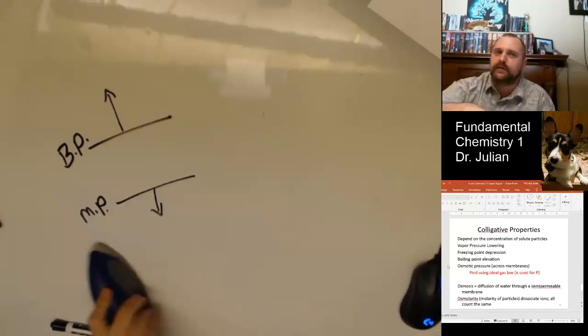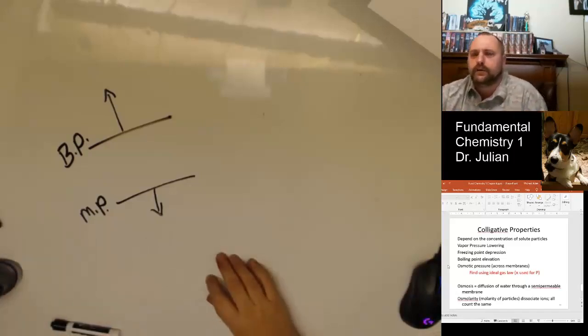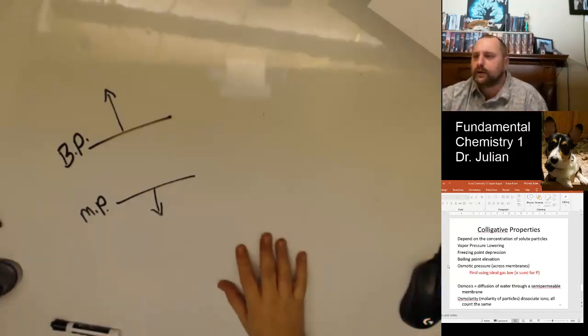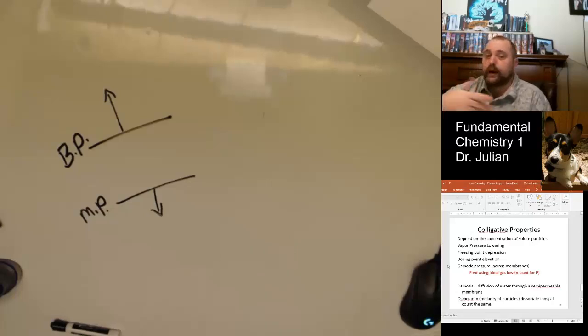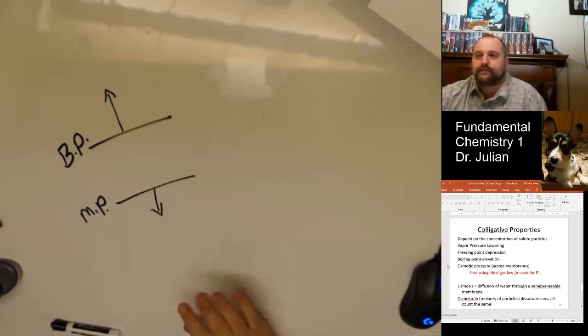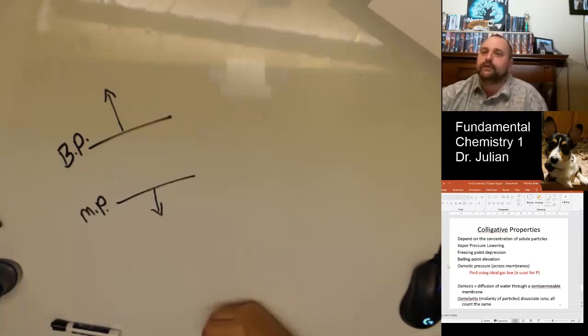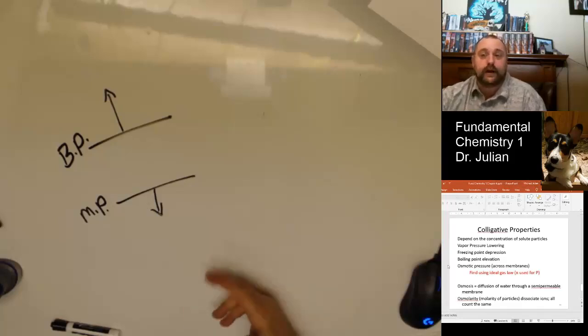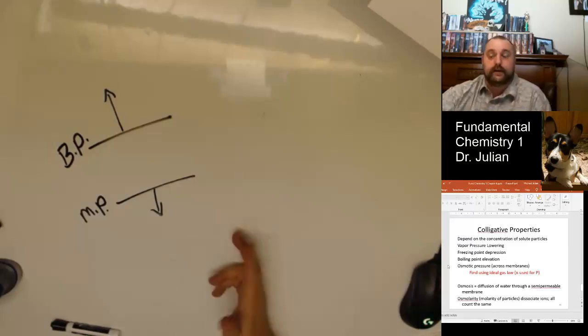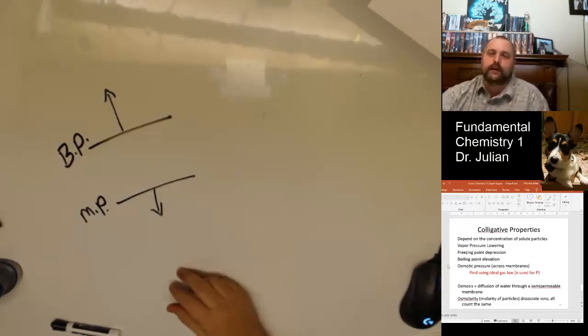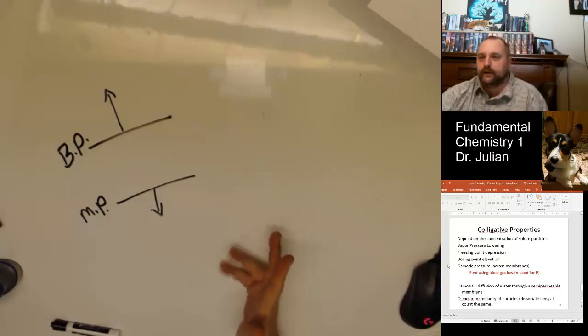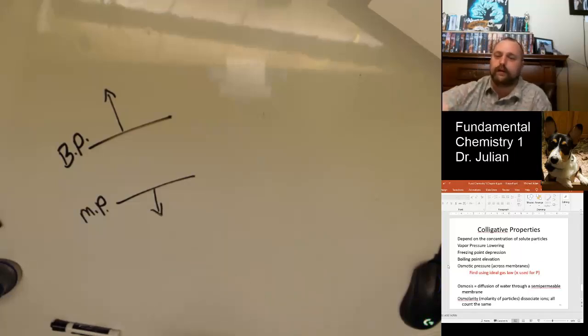Let's say you're going to cook some spaghetti, and you want to boil some water, and you want it to cook pretty fast, and so you add some salt to your water, and it gets the water actually hotter before it boils. That means when you throw in your food, it cooks faster because the water is at a higher temperature. Now there's a limit to that for food, because if you add too much salt, then everything tastes too salty, and nobody's going to want to eat it. So that's why we have pressure cookers.